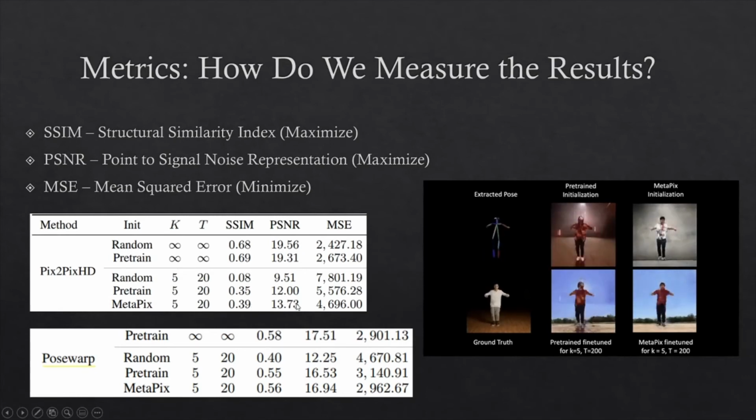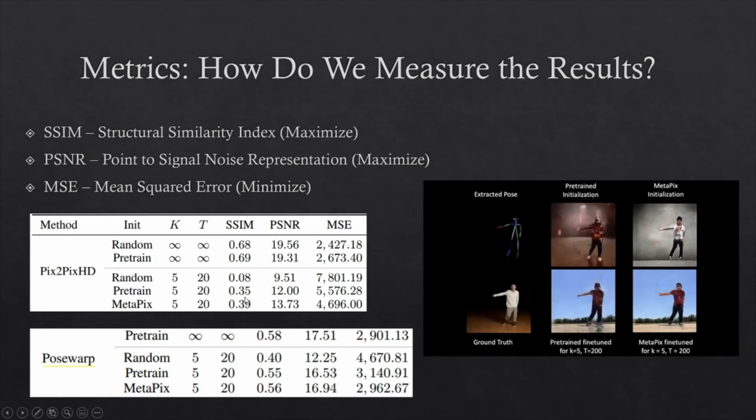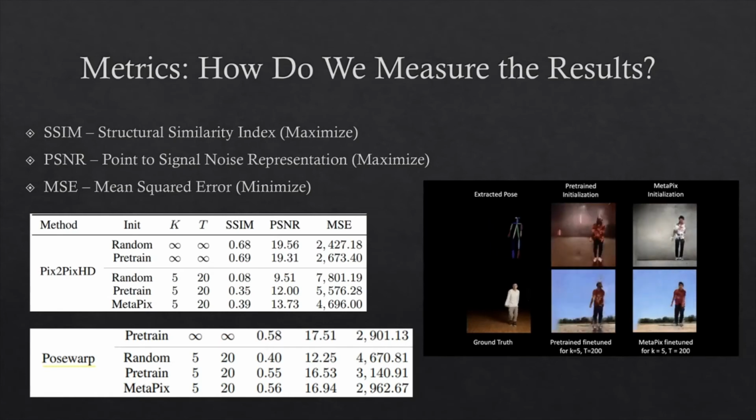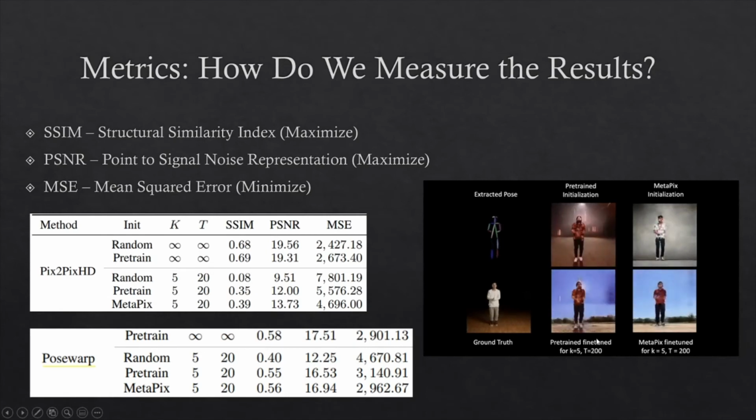SSIM and PSNR are the highest compared to pre-train and random, and MSE for MetaPix is the lowest compared to pre-train and random. So if we look at the MetaPix initialization for k equals 5 images and t equals 200 epochs, we can see that the MetaPix initialization is a little bit more clear than the pre-train initialization and closer to the ground truth.